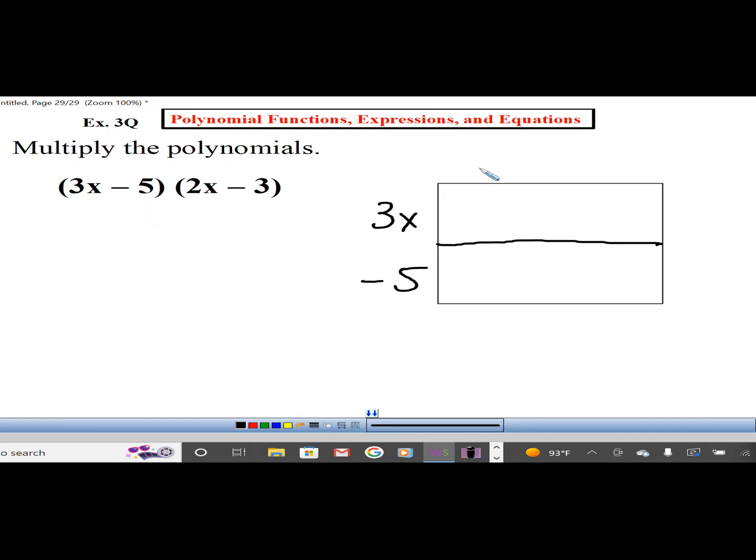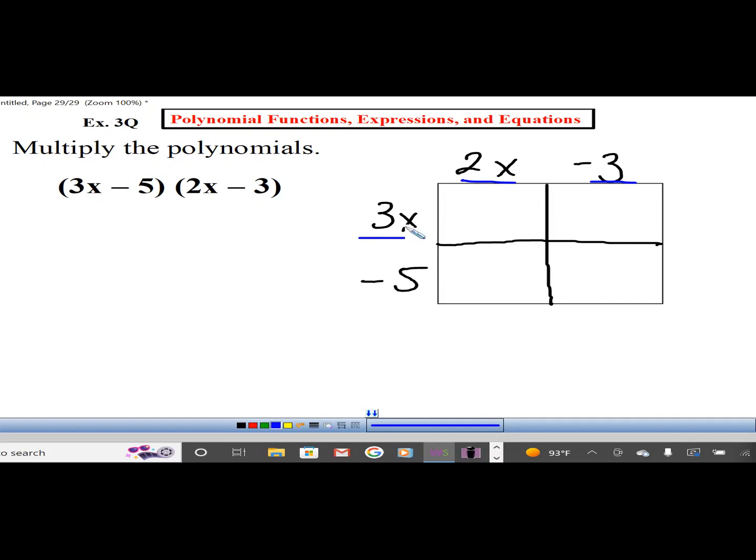How about on top? 2x, line down. Negative 3. All right, I'll give you some time for that. Find me the product and go. All right, just so that we can go through the process, somebody is going to help me multiply this times these two to fill this up. Help me with that, please.